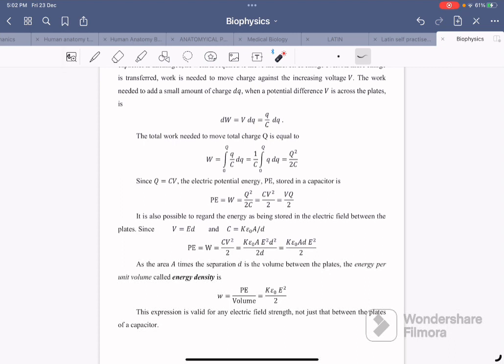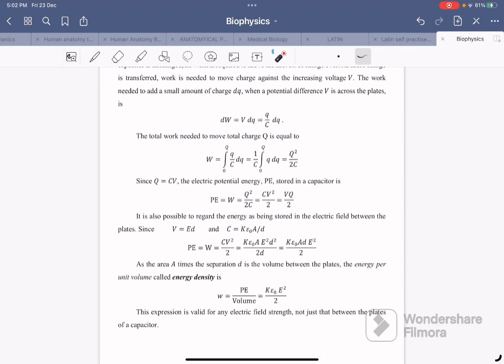Okay, then we can find the value of potential energy as work done in bringing the charge towards the plates, as CV squared by 2.